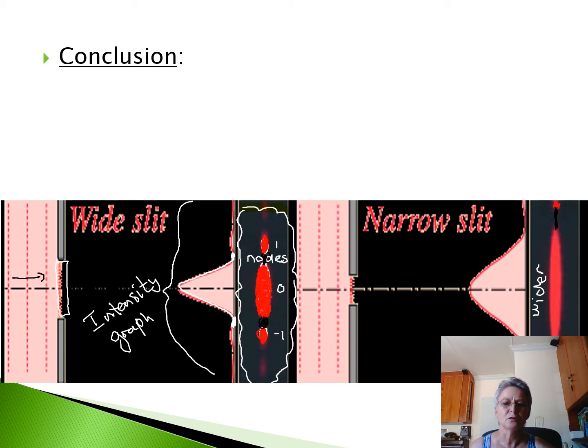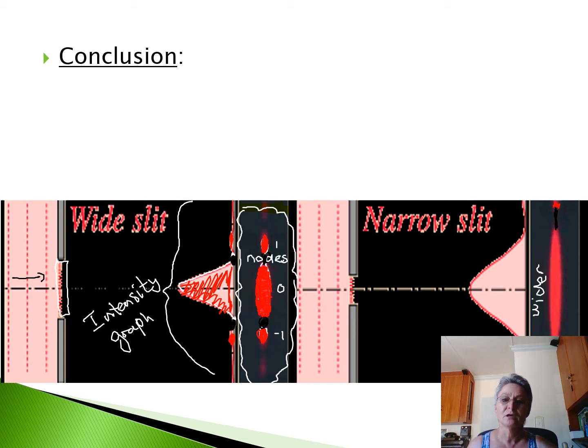The central bright spot has a high intensity of light coming through, so this is your high intensity central band here. Then you have a low intensity band at position 1 and another low intensity band at position 2, and between the light bands we have places of zero intensity. So those are your nodal lines caused by destructive interference.